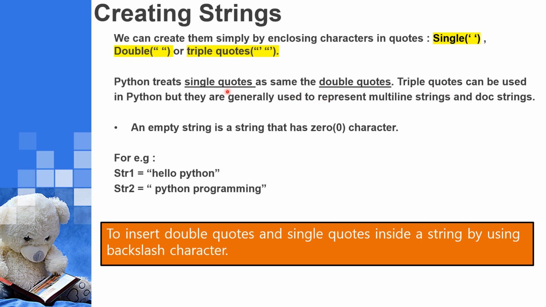Triple quotes are generally used to represent multi-line strings and docstrings. Now, the empty string is a string that has zero characters. Let's see the example here: string 1 is "hello Python" and string 2 is "Python programming".